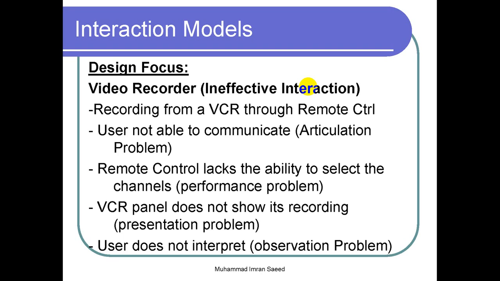But if it is not presenting, then I will not be able to understand. And if it is showing me some dot and I am unable to see that dot, that sign, that icon that is telling me I am recording, I have taken the picture, then it is an observation problem.